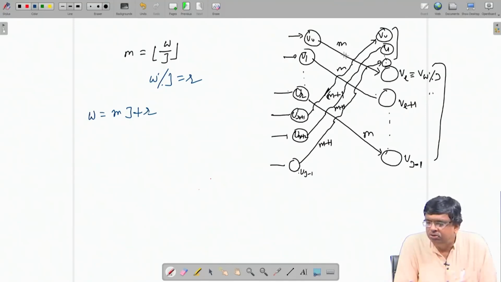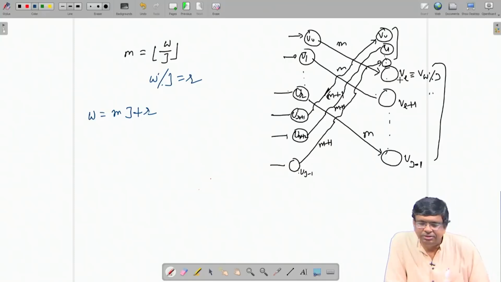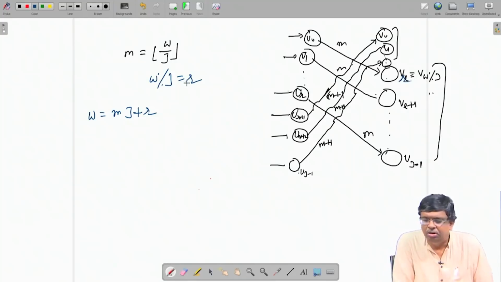Now, here it goes to this node, delay is m, here it goes to this node, delay is m, and then it goes up to the last node, delay is m. How many do I have in this category? Okay, wait a minute. In fact, it should actually be VR now, because you start with 0 index in the timing diagram, you go to the right by m cycles, then you must hit the rth point, then only u0 should go to VR.